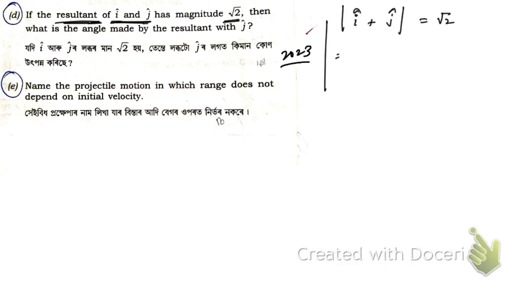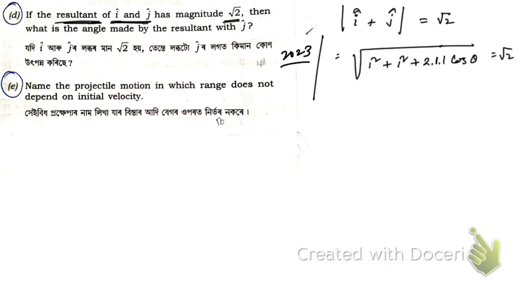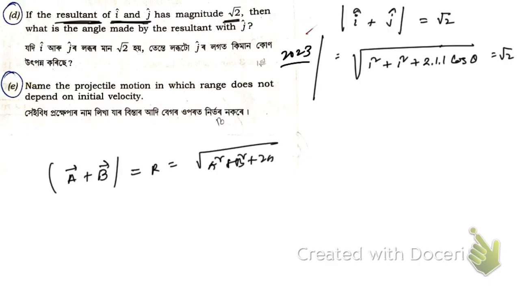By the cosine law, the magnitude of i is 1, magnitude of j is also 1, plus 2 into 1 into 1 cos theta, that is going to be equal to root 2. We know that the magnitude of the resultant of two vectors a and b is given by R equal to root over a square plus b square plus 2ab cos theta, right? So we have used this one here.